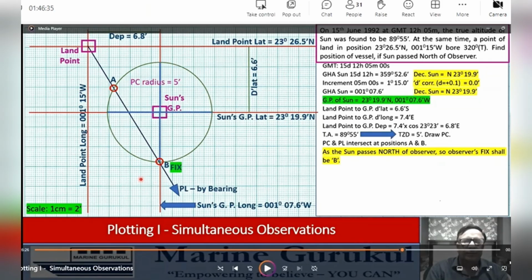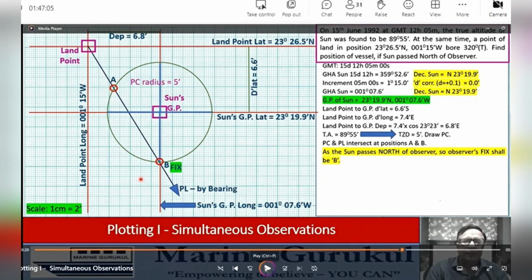Did you understand that, beta? Yes, sir. So GP is the celestial body, so it is passing north of the observer. Yeah, that's correct. Right. Okay. So in the departure, cos 23 degree 23 minutes is the MLAT, right sir, between 26.5 and 19.9.